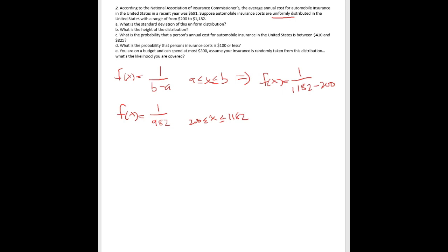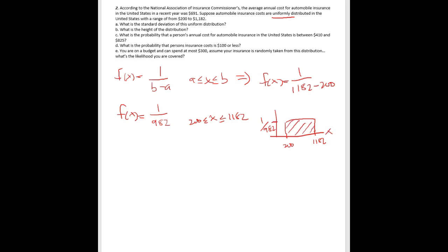Okay, so that's our function. All right, so that's going to look like a graph from 200 to 1182 that has a constant height of 1 over 982. Okay, so this is our probability density function right there.